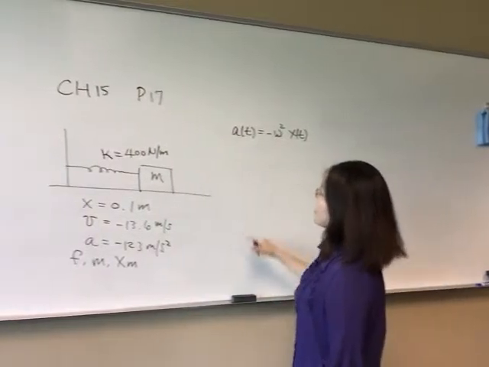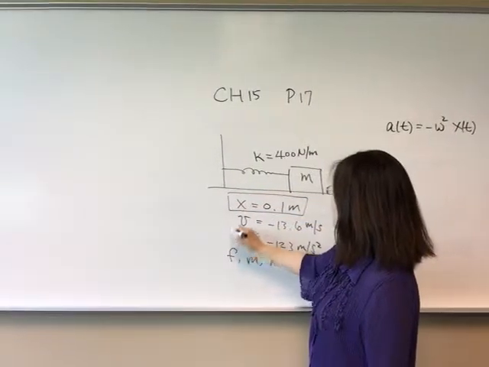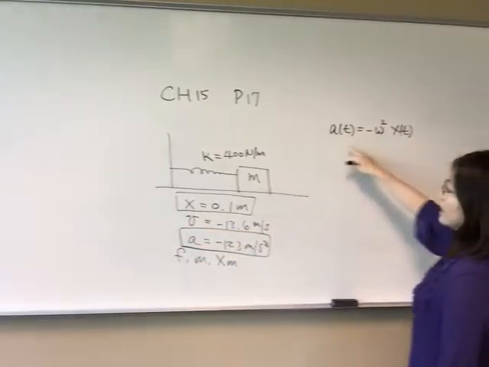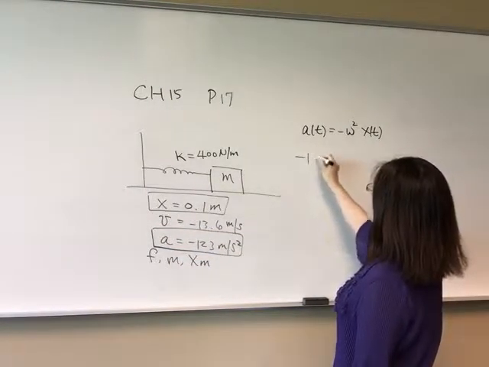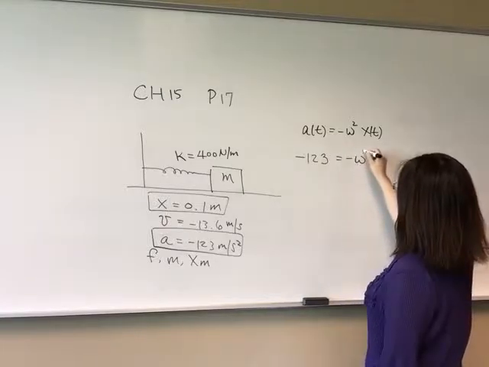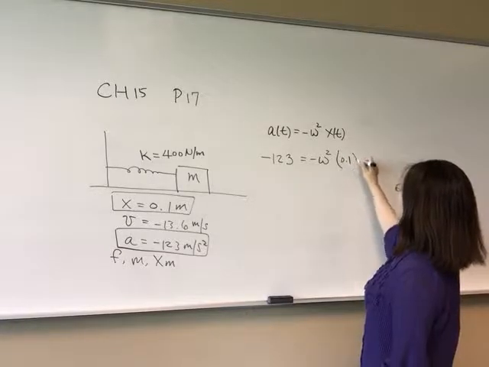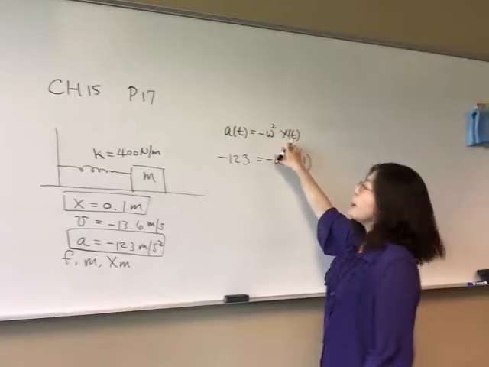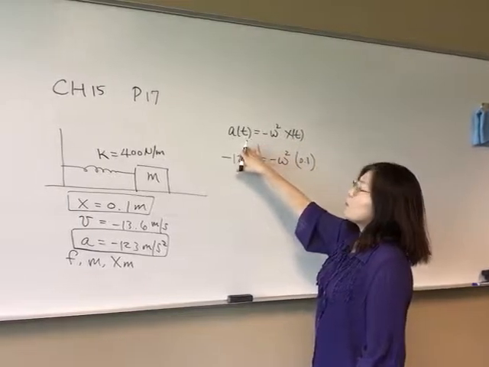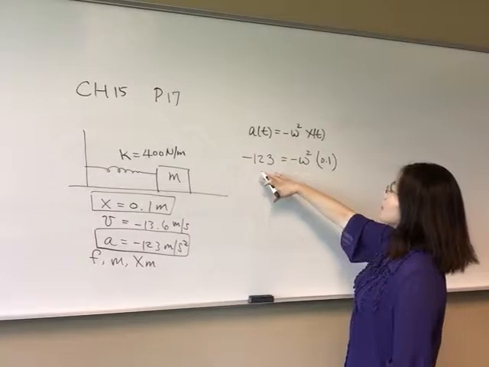So we can utilize when x is equal to 0.1, the corresponding acceleration will have that value. So what we have here is that your acceleration is negative 123, and that's equal to negative omega squared times your x, which is 0.1. As you can see, x of t indicates the position at time t, and you have the acceleration with this value as well. So we can just plug into this.